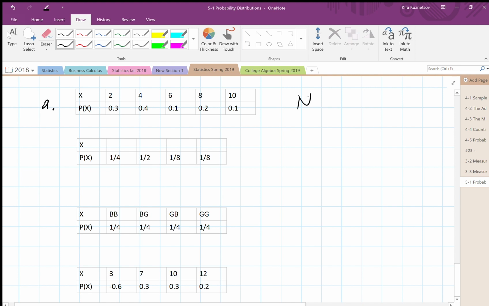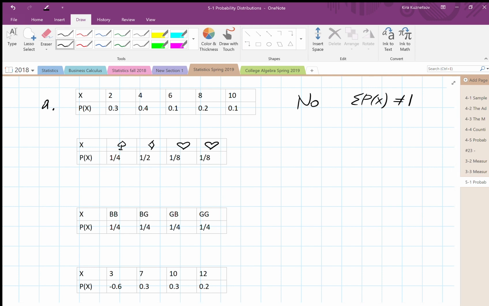So the answer is no. This is not a probability distribution because the sum of P of x does not equal 1. Now my next one, I couldn't find little symbols, so I'm going to draw those in. This is actually different suits of cards. And, well, a couple of things going wrong.